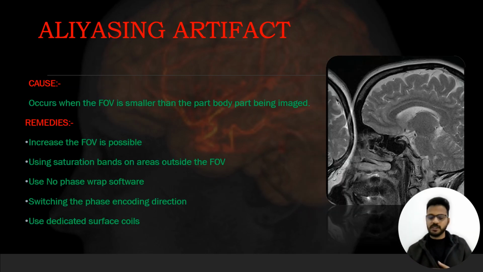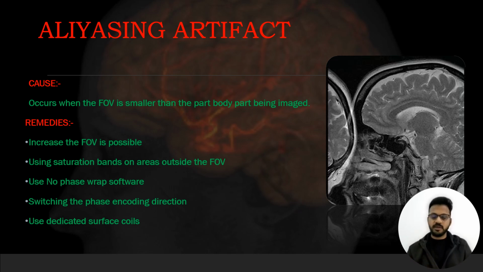Next, we are going to discuss the aliasing artifact. Everyone has seen this once or many times while imaging. This is caused by the FOV, when the field of view is smaller than the part being imaged.